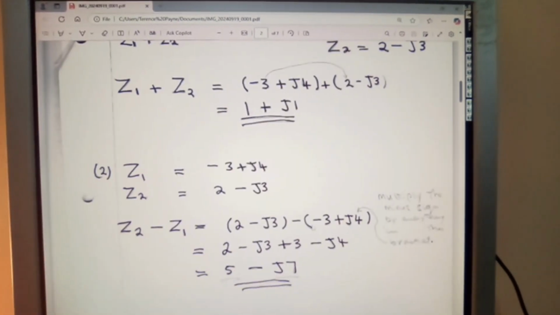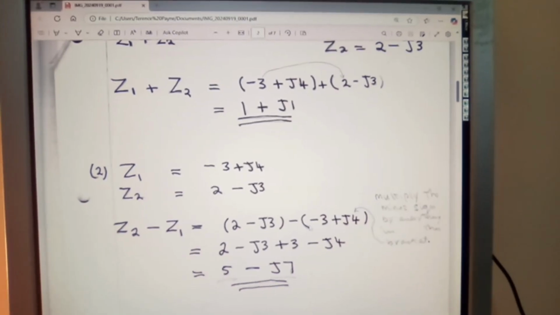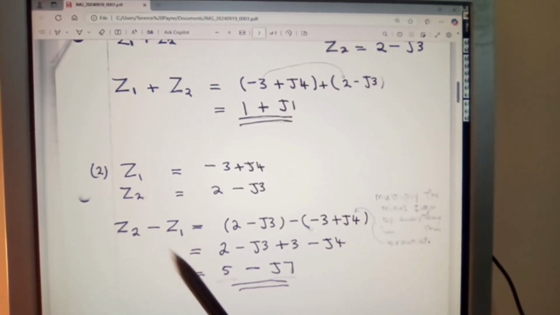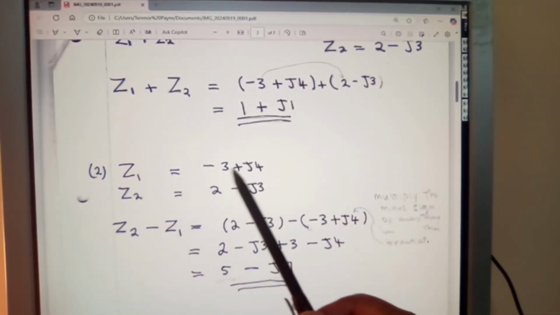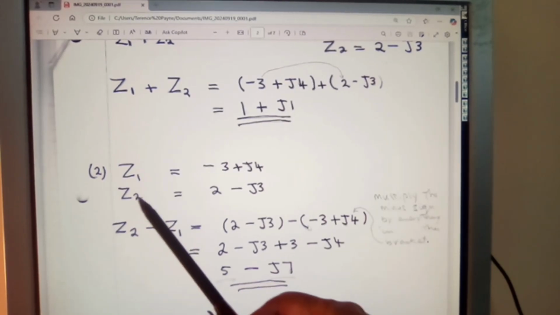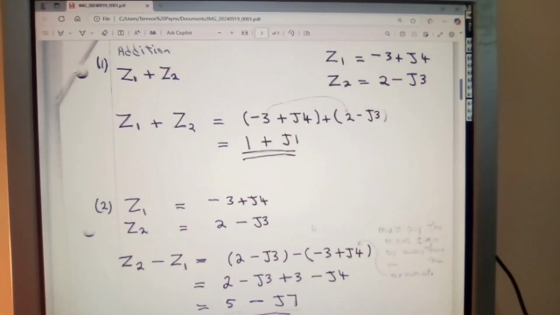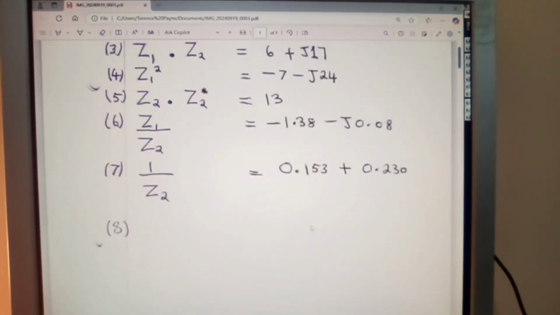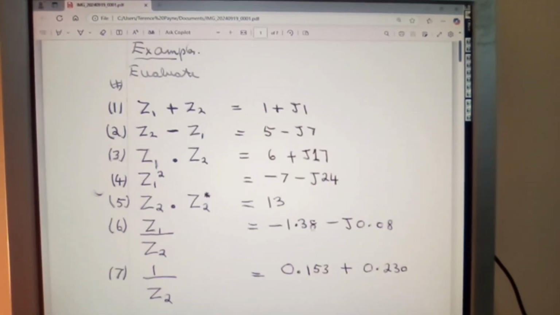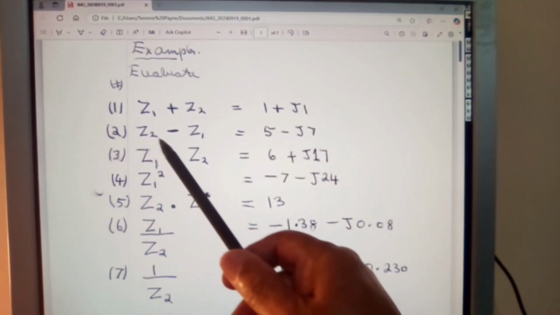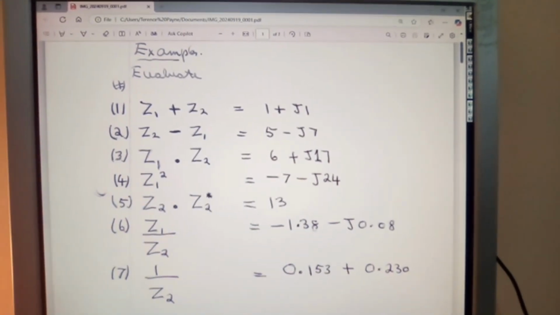So I may be writing down the values before. Again, how I work. So you can see here now I've written down the values of Z1, the values of Z2, and Z2 minus Z1, which is question 2 up here. Just to make sure I'm looking at the same thing: question 2, Z2 minus Z1.